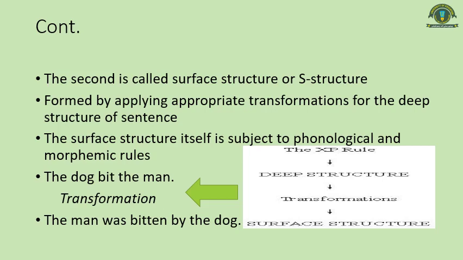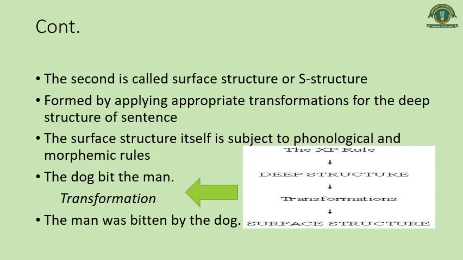So the surface structure itself is subject to phonological and morphemic rules. The XP rule generates an underlying deep structure which is transformed by transformational rules to produce a final surface structure.